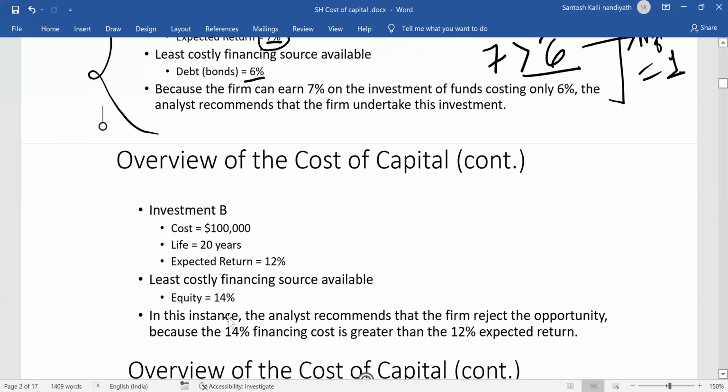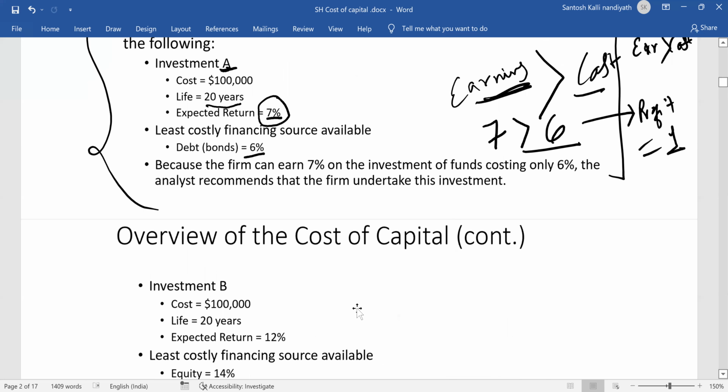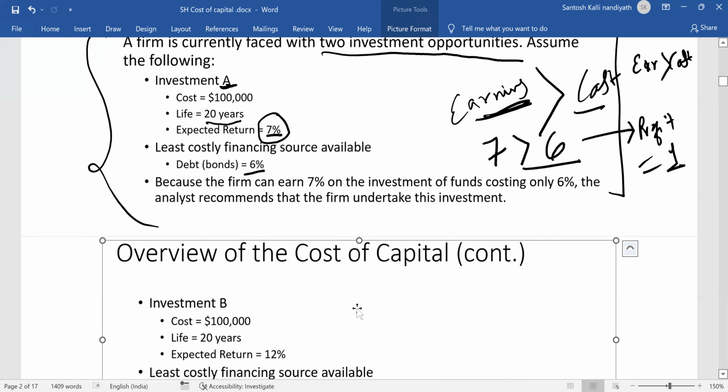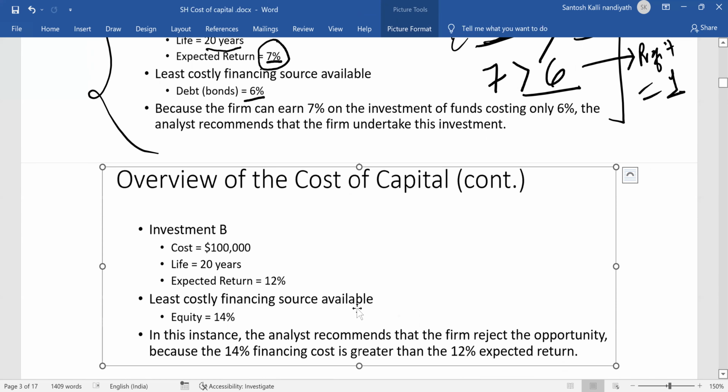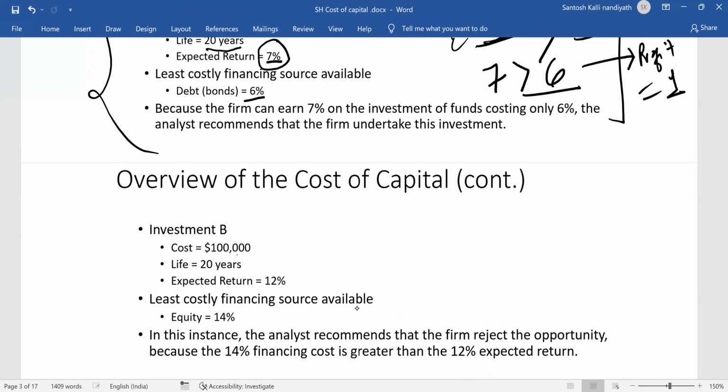Now in investment B, we are individually checking each, correct? We are not checking together. That's why the answer is we should accept it. Now individually with B, what is the question? Cost is 100,000, life is 20 years, expected return 12%, and the least costly financing available is equity, where you need to spend 14%.